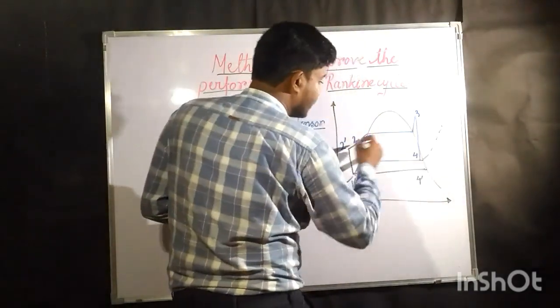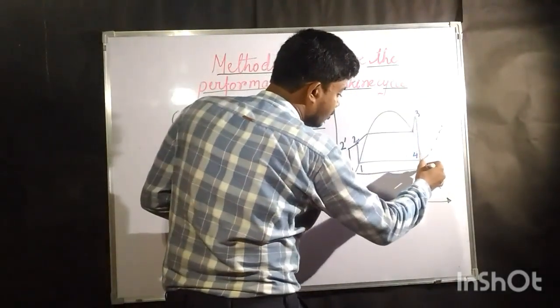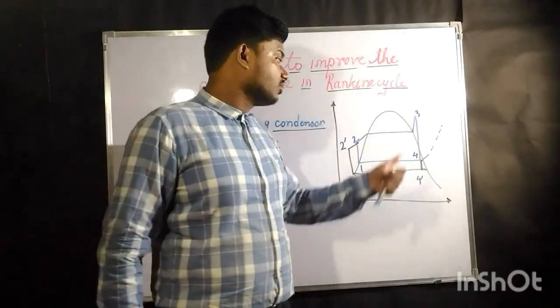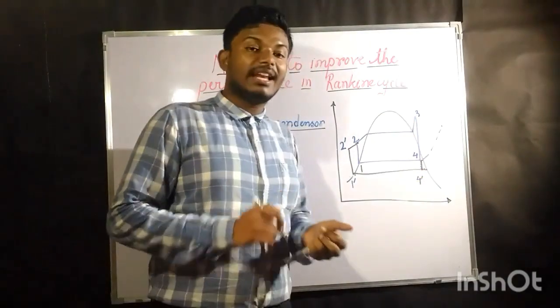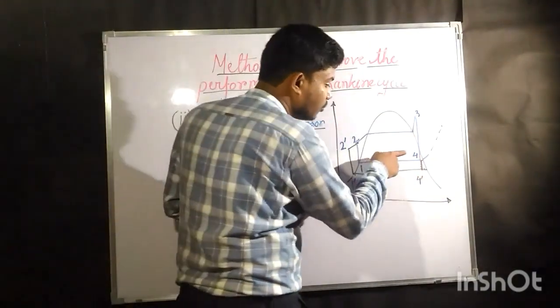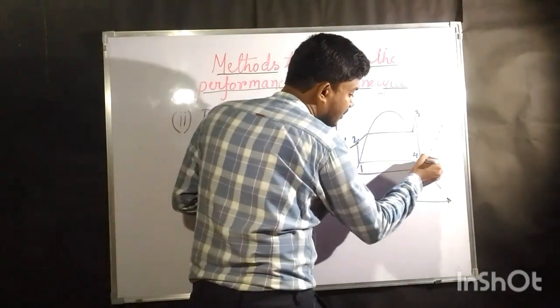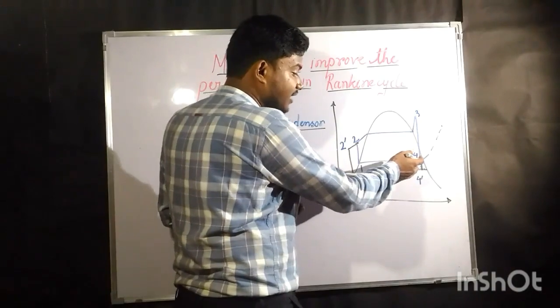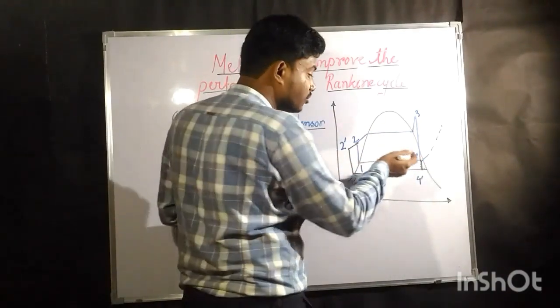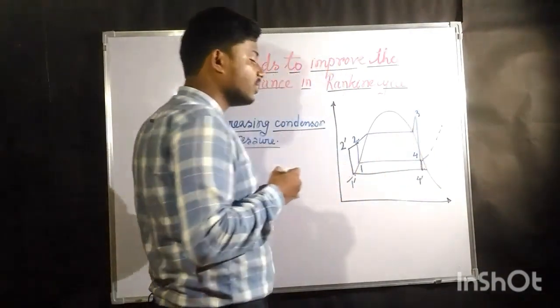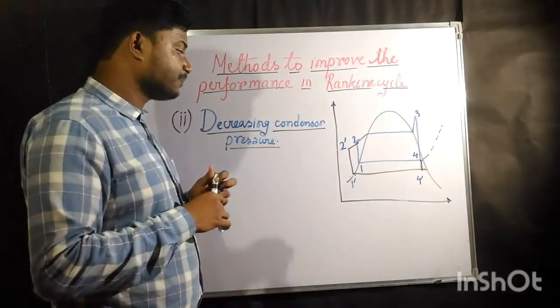Okay, so after that everything is going to be the same. We are not increasing the boiler pressure, so the isentropic line which comes out through the turbine is going to be the same. Only point 4 would be slightly different. The previous outlet of the turbine, before decreasing the condenser pressure, was at a slightly higher temperature, and now it is going to be at a slightly lower temperature, keeping the entropy the same.